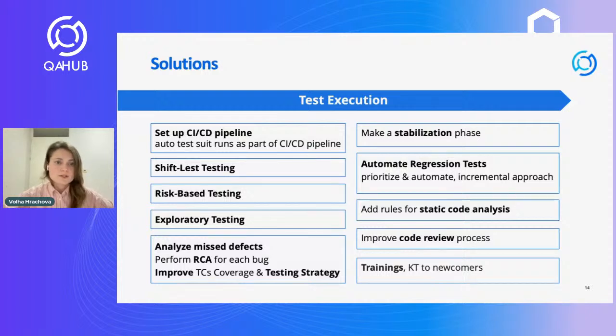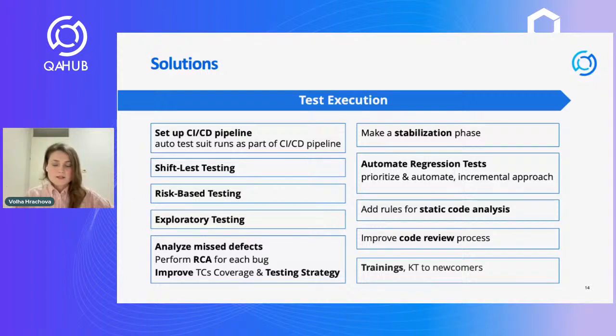Another solution is shift left testing. What is it? It's the concept of starting testing activities as soon as possible. So we have some static testing during the requirements analysis, and when development starts, QAs are already starting test case design. They also define which test cases can be covered on unit level and provide this information to developers, which scenarios should be covered on component level, and which can be done by testers on scenario level, which can be automated.